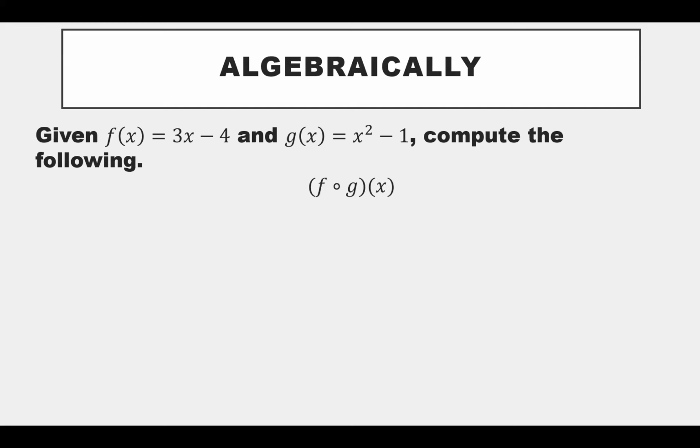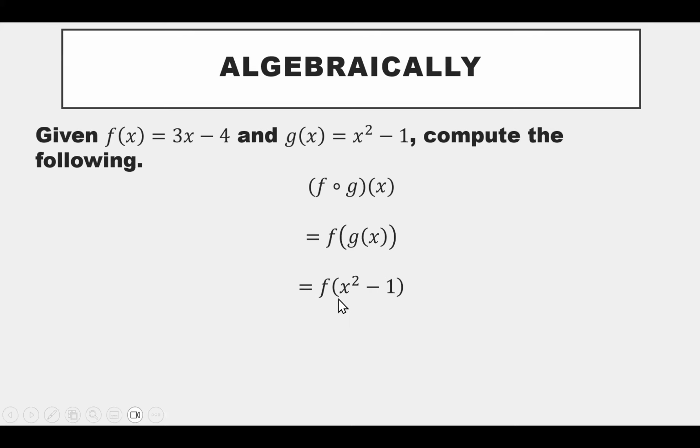You can also do function composition algebraically with just a normal variable. Take those two functions again and take f of g of x. So in other words, I'm plugging in the output of g of x into f. Well, the output of g of x is x squared minus 1.